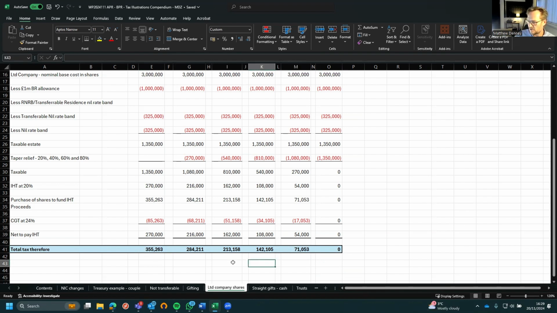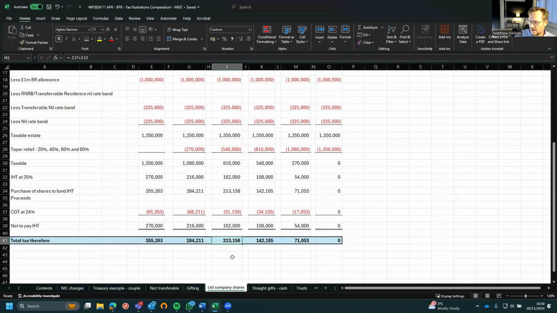So let me show you the tipping point in this example. I'm seeing it now. I've gone a bit spreadsheet blind. So 355 versus 270, 284, I guess, versus 270. So there's our tipping point.